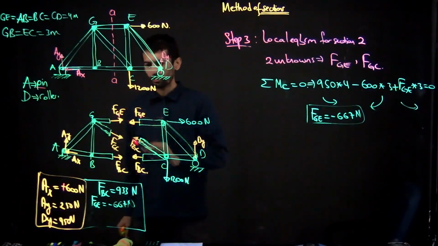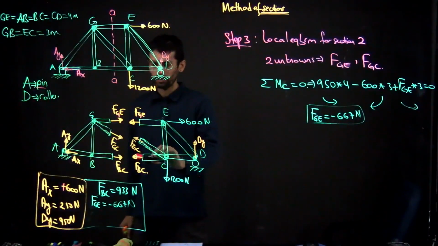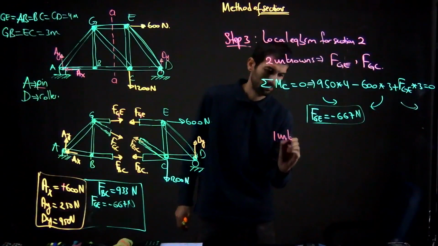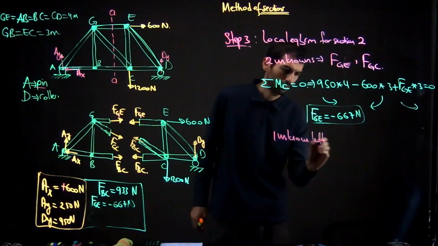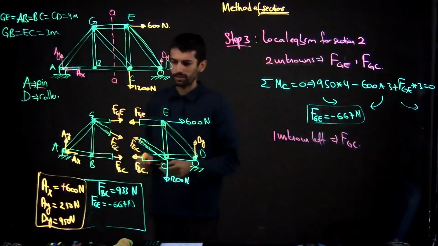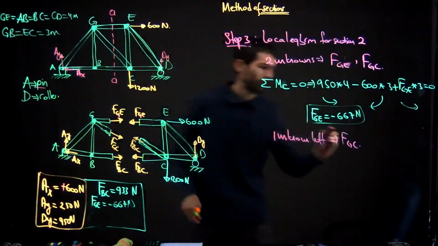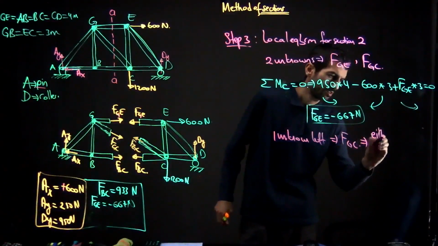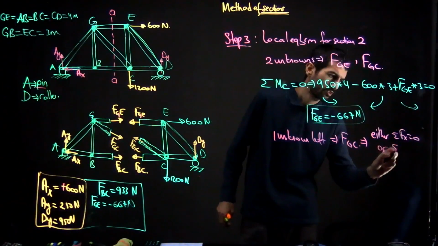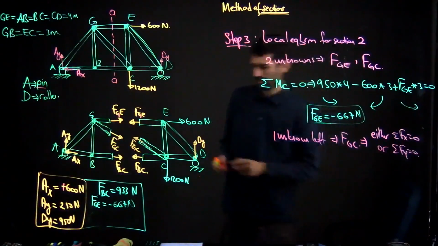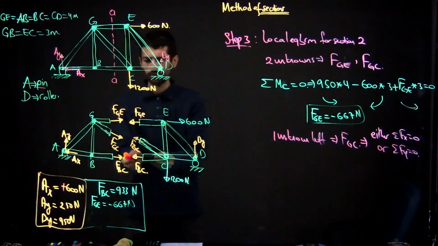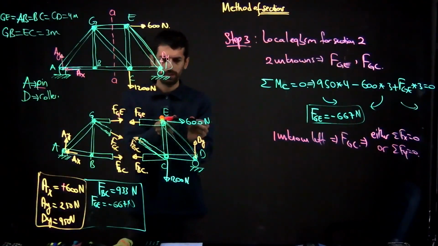So we know FGE, we know FBC, and the only unknown is FGC. To find it, I can use either the forces are 0 in the x direction or the forces are 0 in the y direction. If you look here, we have x direction force, x, and again x.